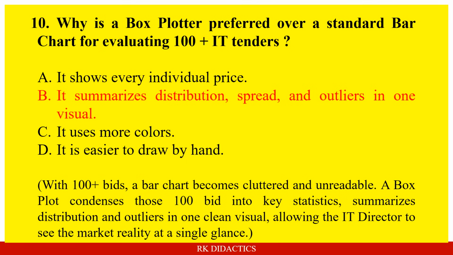It also summarizes distributions and outliers in one clean visual, and it allows the IT analyst to see the market reality at a single glance. So when there are 100 plus tenders, meaning more data, box plotter is preferred over other graphs and data sheets.